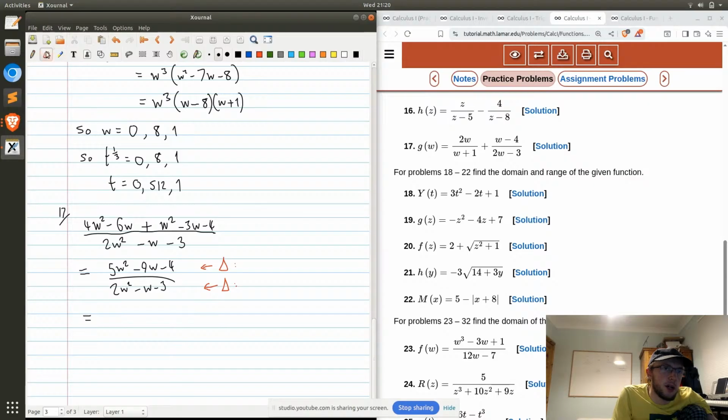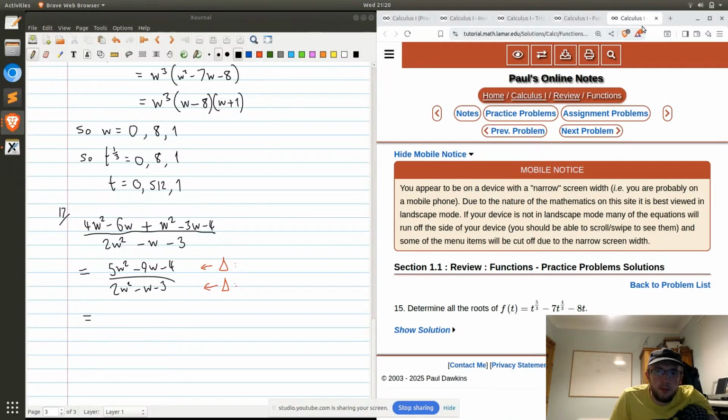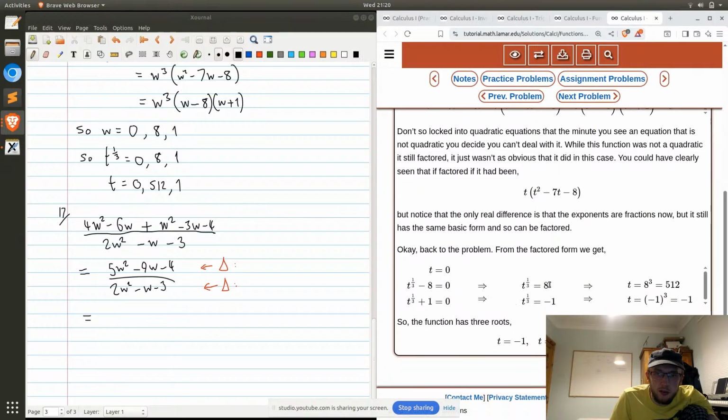No, still not factorable. B squared minus 4 times 5 times minus 4, so b squared plus, so 81 plus 80, so 161. So yes, you really can't do it. And so the zeros on this will be the ones that look kind of complicated, right?